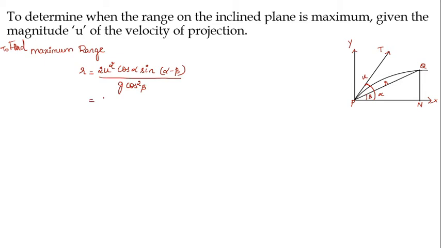So you can write it as u square by g cos square beta into 2 cos alpha sine of (alpha minus beta).